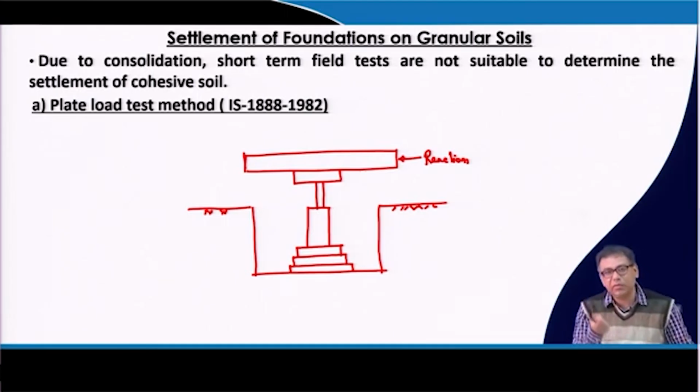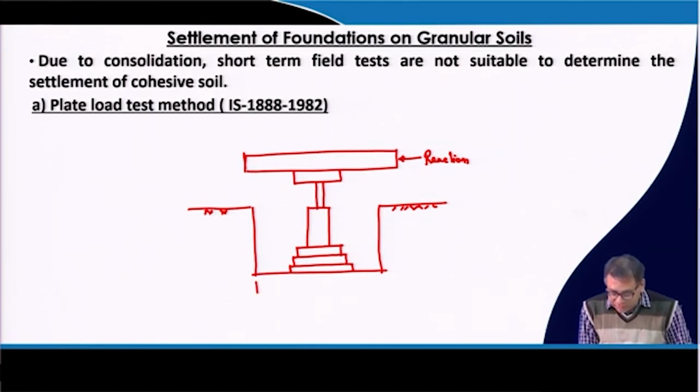So, basically we are applying the pressure on the plate, and then we are measuring the settlement of this plate. That means the ultimate output will be pressure versus settlement. We are placing the plate at the base of the foundation and then applying the pressure.